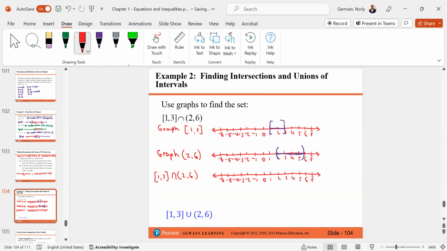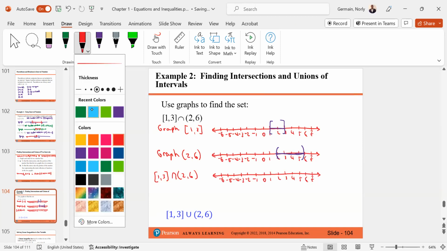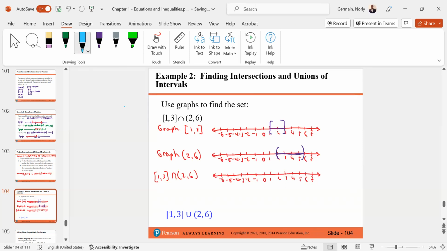But look at that. The common area for both of them would definitely be here, because remember, this one has 2 also, and 3.